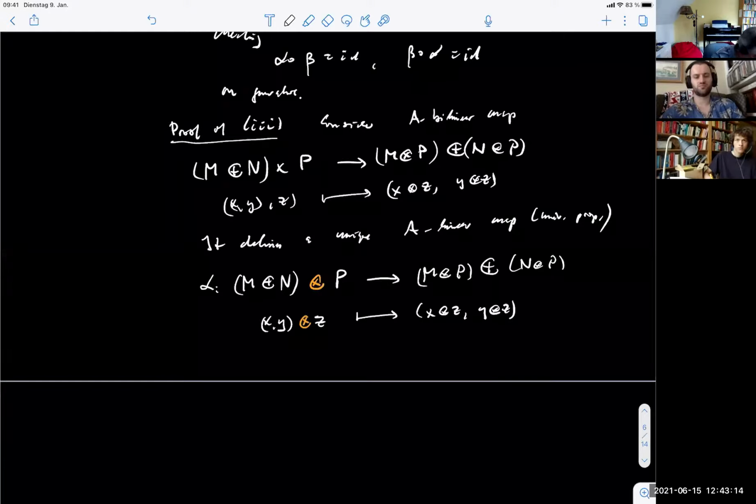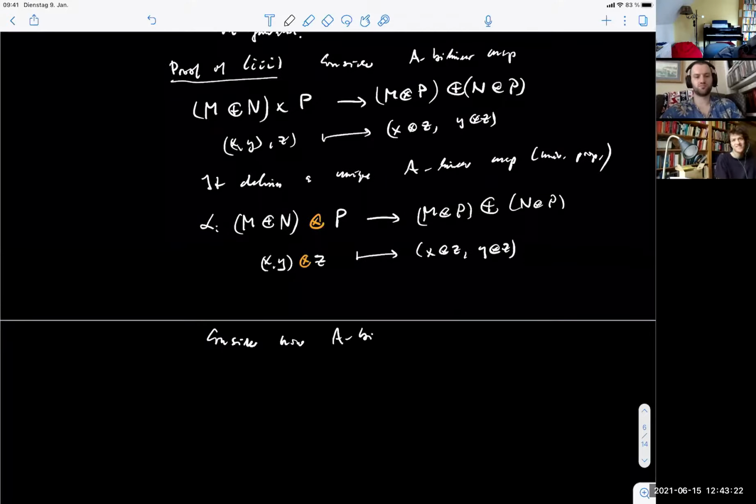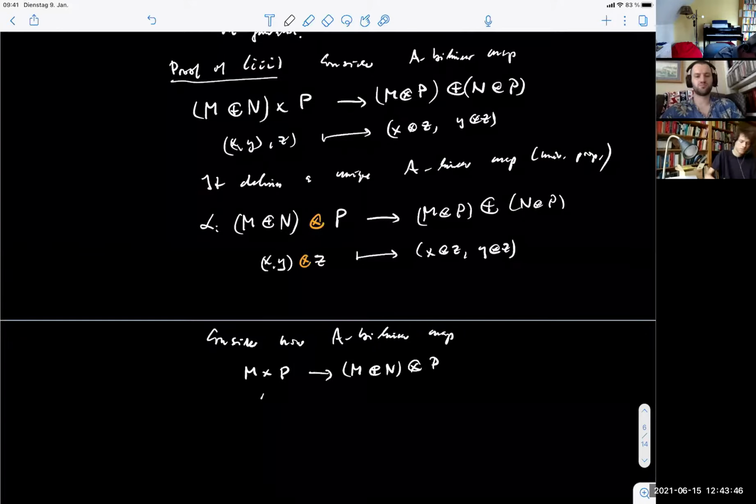Okay, now we go the other way around. Consider now a bilinear map. Right, we always have to think a little bit. I have to go in steps. I'm going very slowly. So (x, z) goes to (x, 0) tensor z.